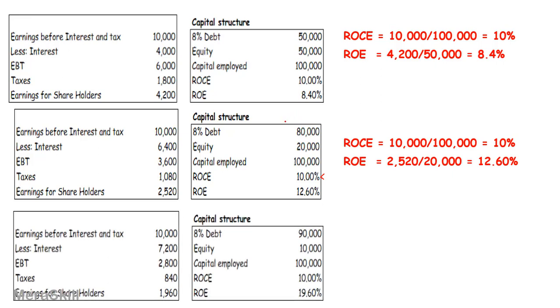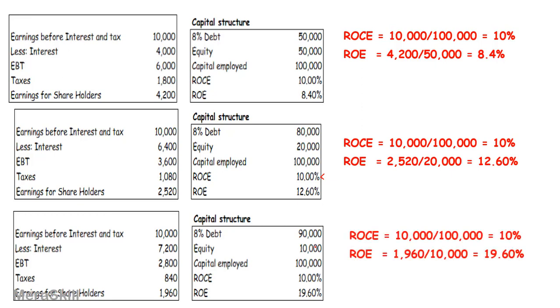Whoa, now 90% of the capital employed consists of debt. Of course, the ROCE is again the same, but look at our earnings for shareholders. 1,960 out of 10,000 gives you 19.60%. So if you notice the return on capital employed, suppose these are three different companies, or the same company utilizes its funds in the same manner.